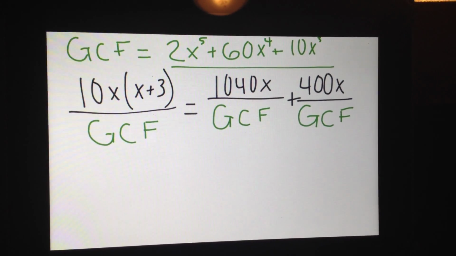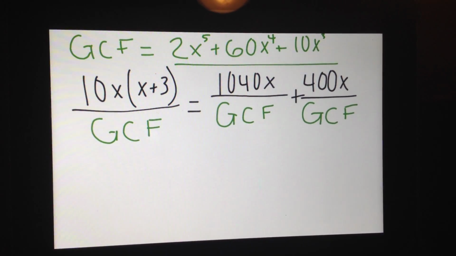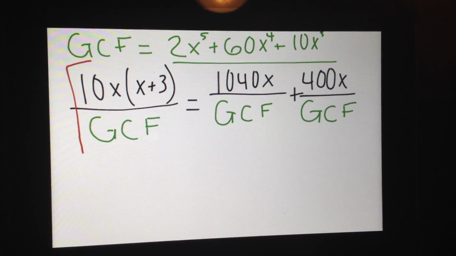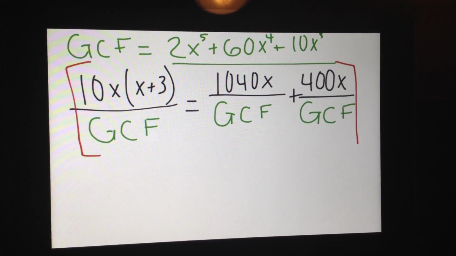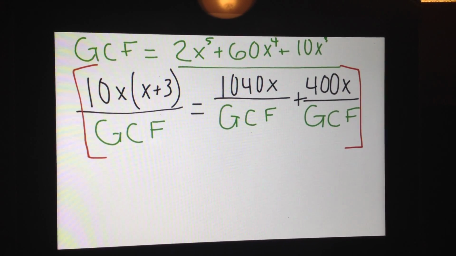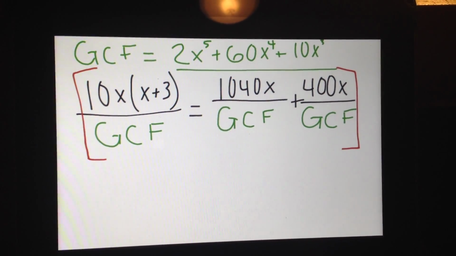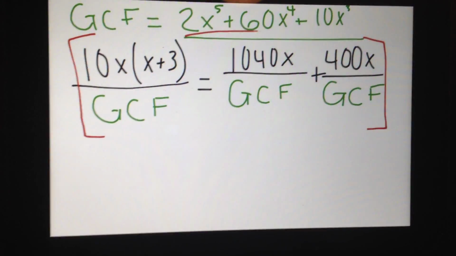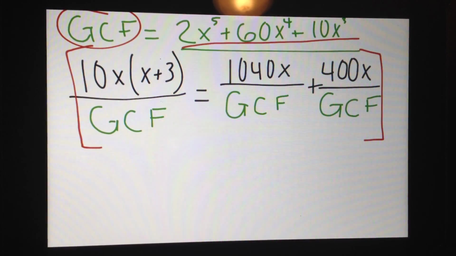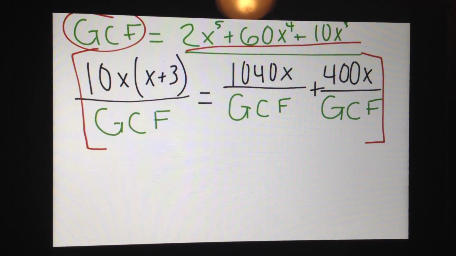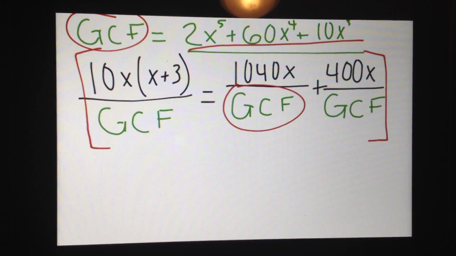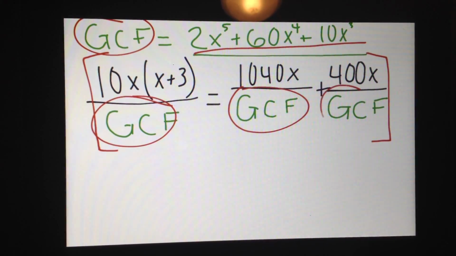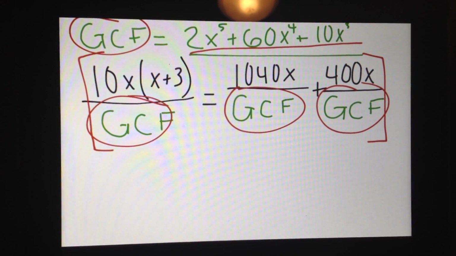So my first step for solving for x is going to be to multiply this whole thing, everything between these two brackets, by the GCF.